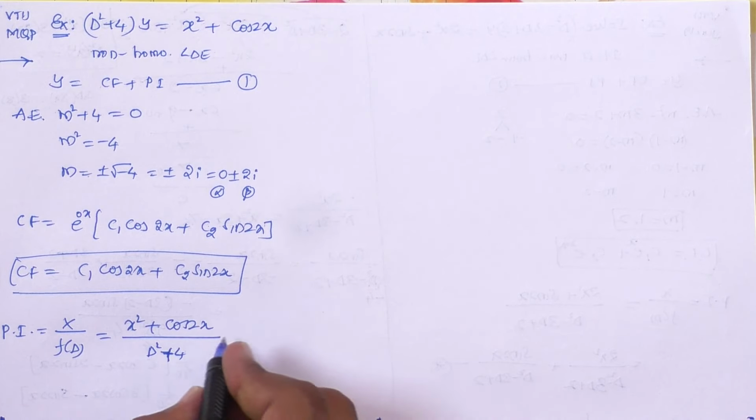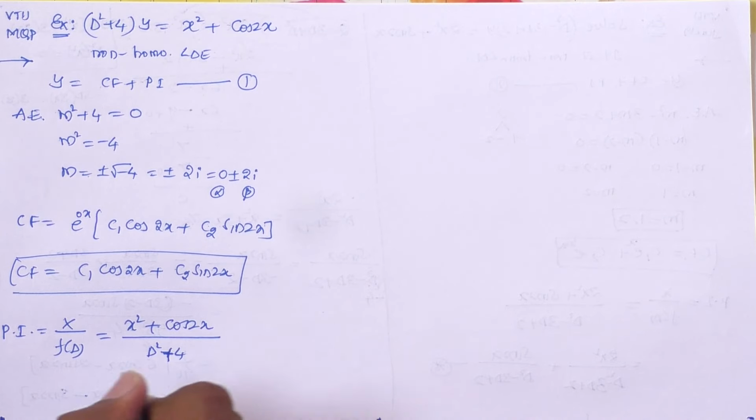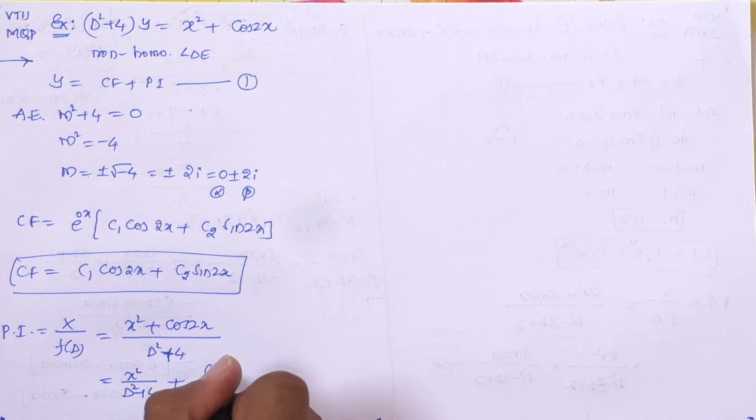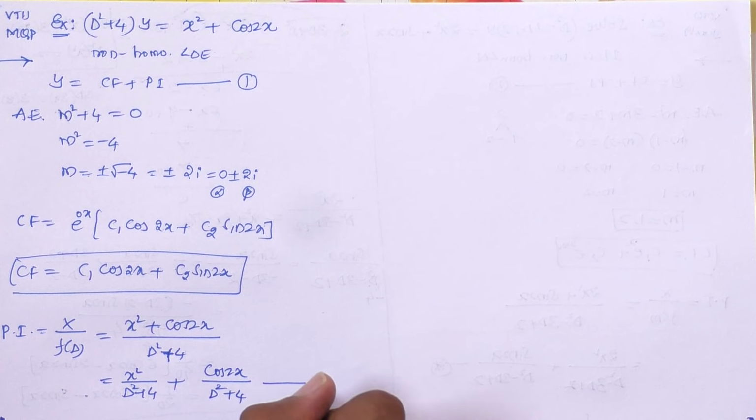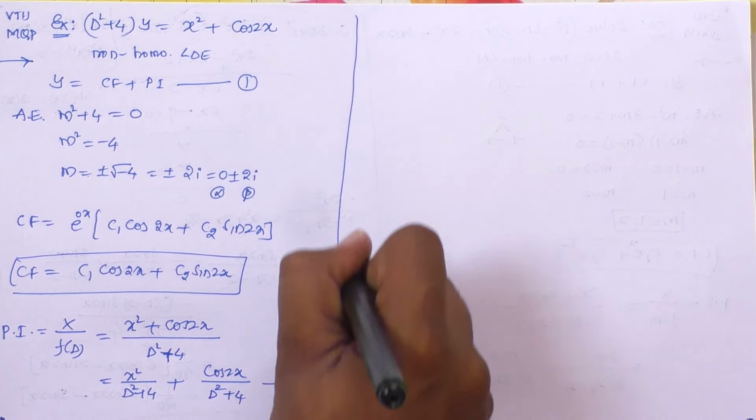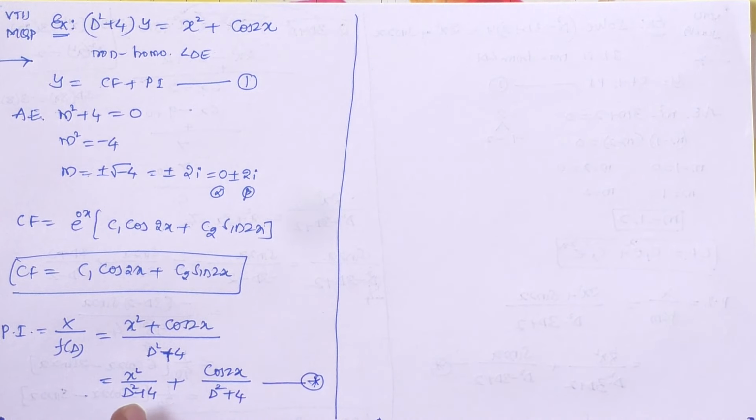So now separate it. Divide separately: x square divided by d square plus 4, one term. Another term is cos 2x divided by d square plus 4. So take this as equation number star. So now let us solve separately.